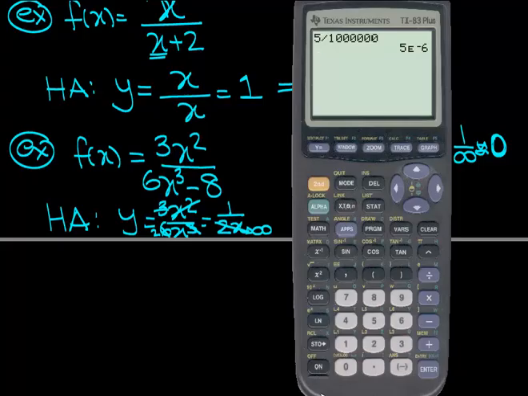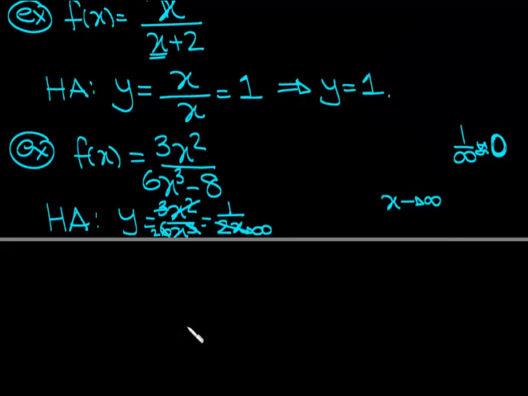So you can see it's almost 0. So anytime you divide a number by infinity, in essence, the value of that is going to be 0. So in this case, the horizontal asymptote is y is equal to 0, because this fraction is getting smaller and smaller. Okay, so that's how you find horizontal asymptotes.